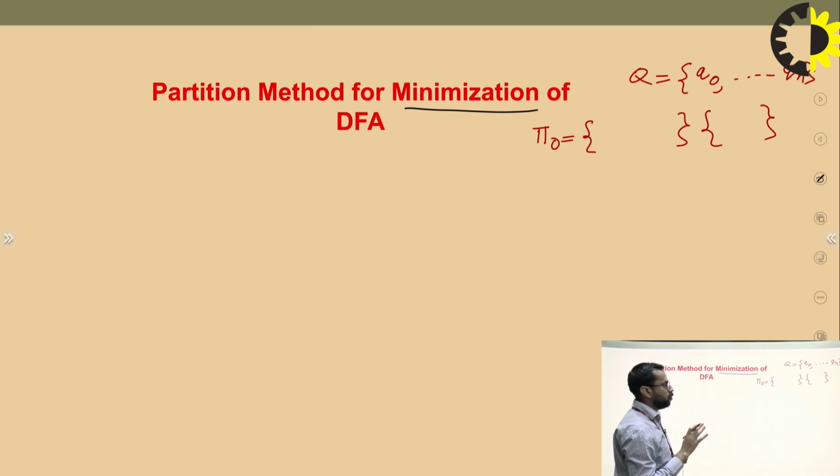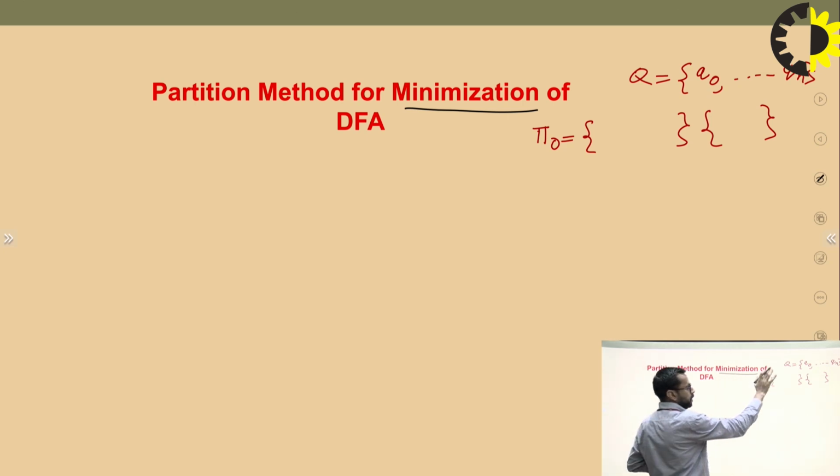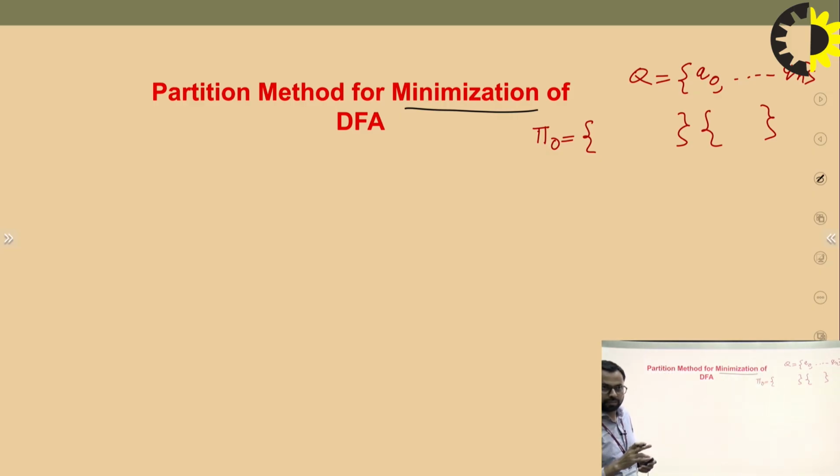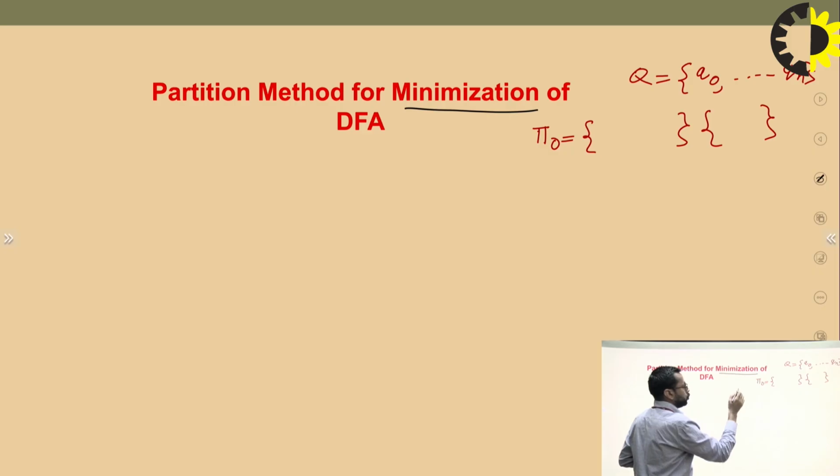So firstly, the first step will be to eliminate the inaccessible states. The second step will be to design the transition table as per the given model after eliminating the inaccessible states. The next step will be to generate pi naught. Pi naught contains two sets.